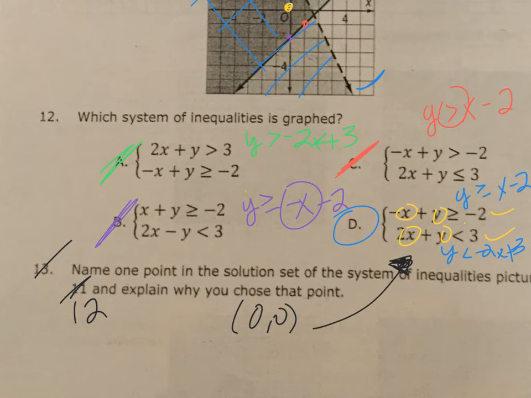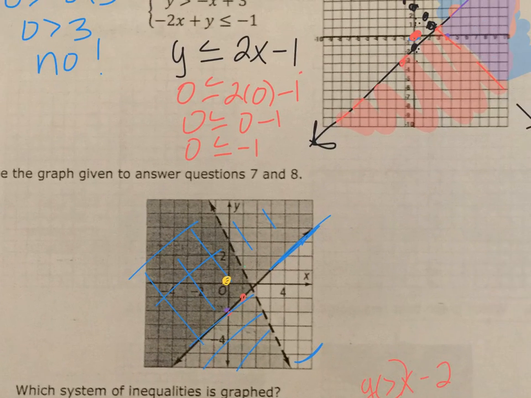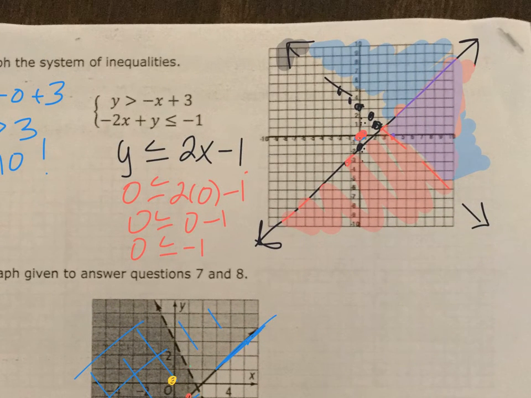So something along those lines. Okay, so same thing. If you didn't know that and you came up here, you would just need to say something about picking a point in this area, like this one or this one or this one. And say why, because it makes them true, or it's in the double shaded area, so I know they're true, something like that.